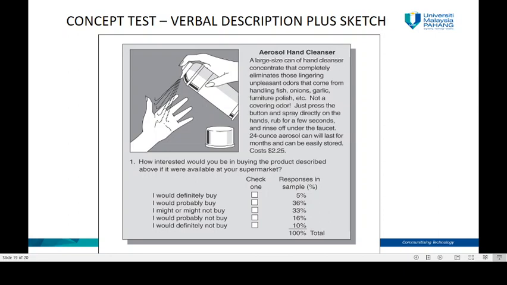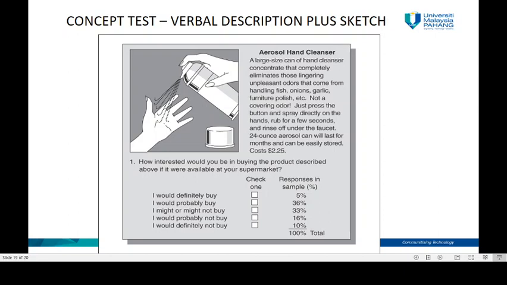This is another concept test, a verbal description but with a sketch, so they can clearly see how it can be operated. This is a concept of an aerosol hand cleanser. It is concentrated on eliminating the unpleasant odor that can come from handling fish, onions, things that are very smelly.